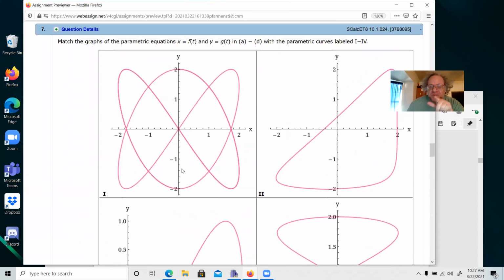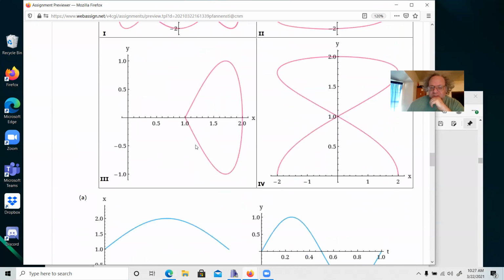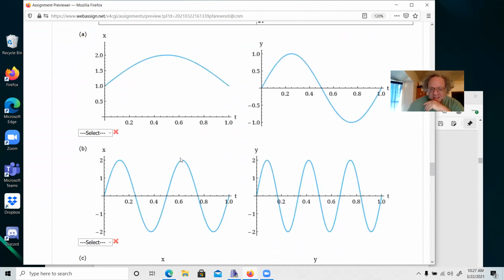And then this first one, this is a very famous graph. We studied these in physics too, with the electricity. I don't remember what they're called, but they do have a name. They were definitely when x's and y's were both trig functions like this.